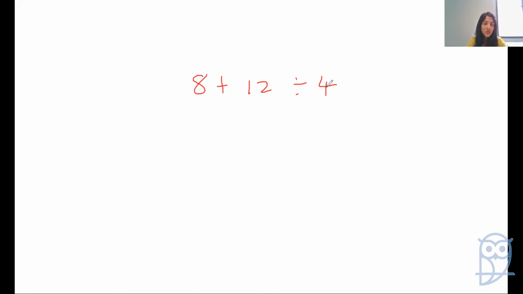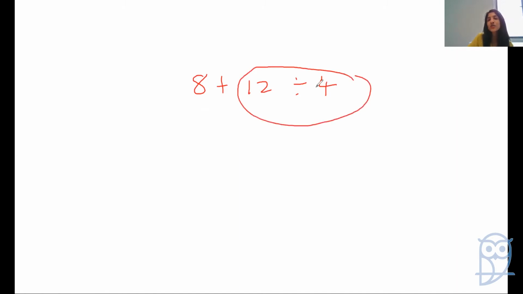Last week and the week before, we touched on BODMAS, and we know that in order to work out this answer, we need to use our order of operations. Even though it looks like 8 plus 12 is 20 divided by 4, and 5 would be your answer, that would sound like Mike is correct. The answer is incorrect, because what do we start with first?